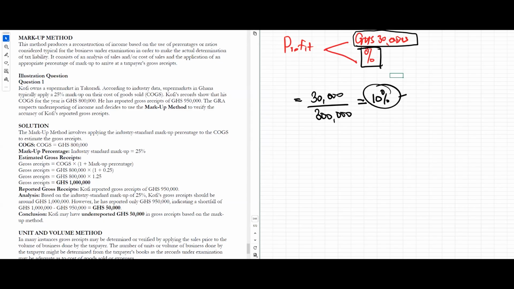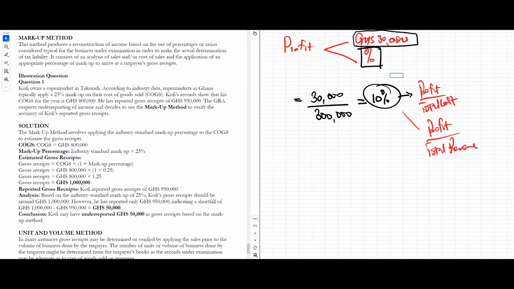Now, this profit percentage can either be on the cost, so the profit as a percentage of the total cost, or the profit as a percentage of the total sales or total revenue. Does it make sense?